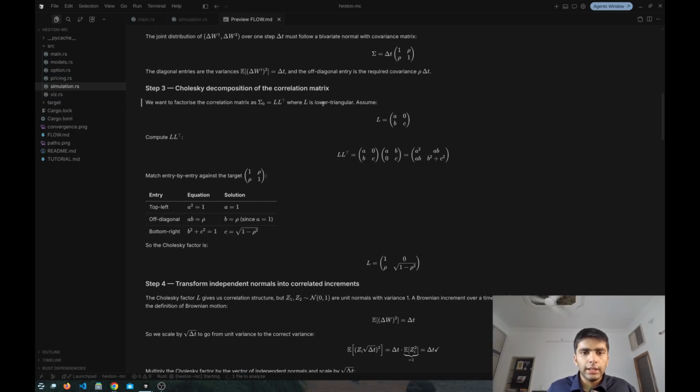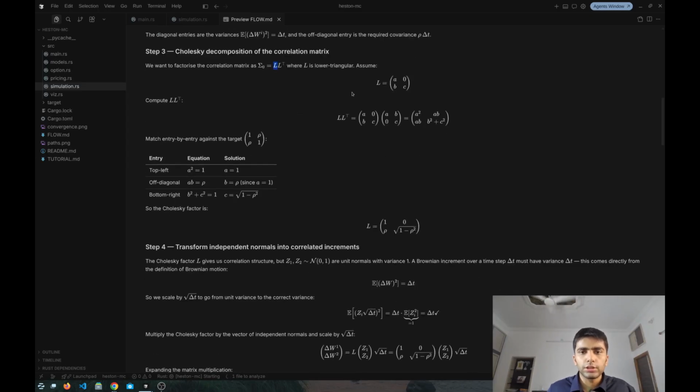Okay, and to do the Cholesky decomposition we use this formula. Here this symbol represents the covariance structure, which is this, and L represents the lower triangular matrix, and this is the transpose of that matrix. L is also the Cholesky decomposition factor, which we need to find out, and once we have that, when we multiply it with the particular distribution, we get the correlated distribution between those two independent distributions.